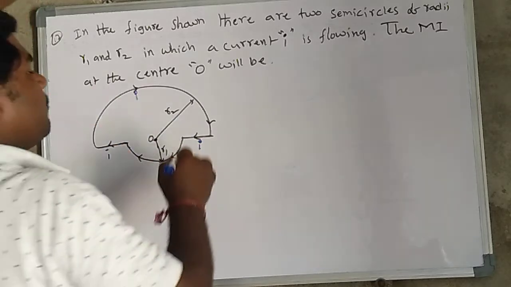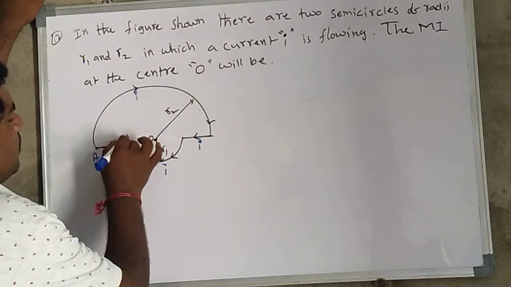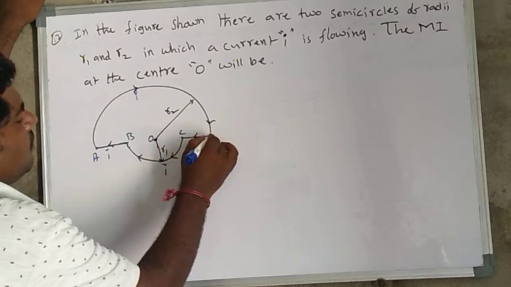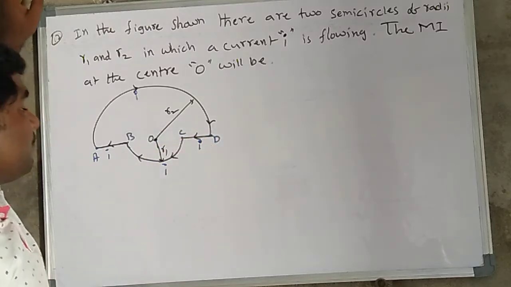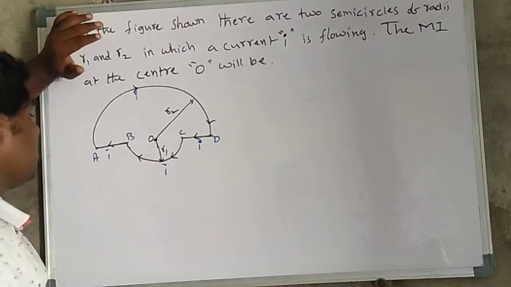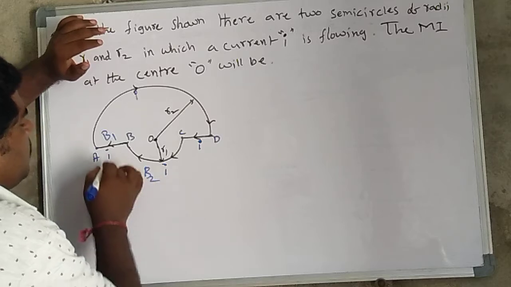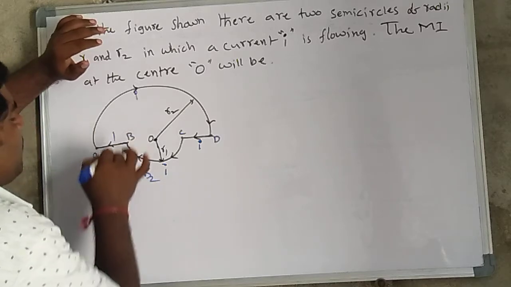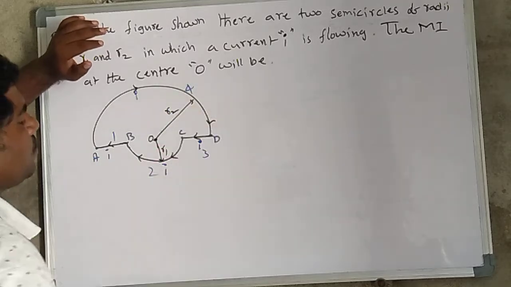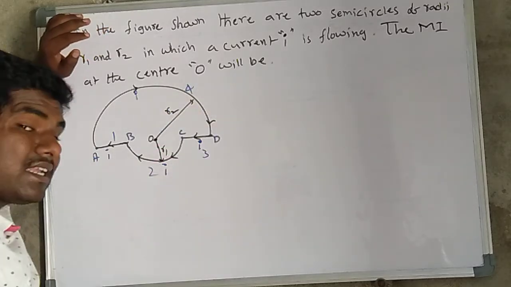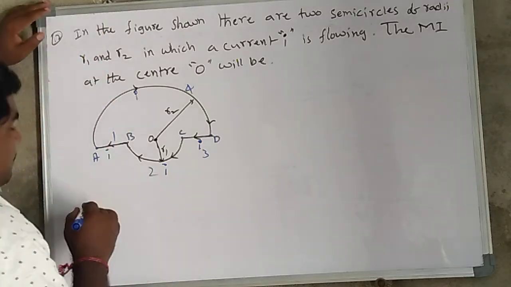Whenever they give this type of question, identify this point as A, this as B, this as C, and this as D. Between A and B the magnetic induction value I consider B1, this is B2. This is the first portion, second portion, third portion, and fourth portion. The magnetic induction of 1 and 3 becomes 0 because O lies on them.